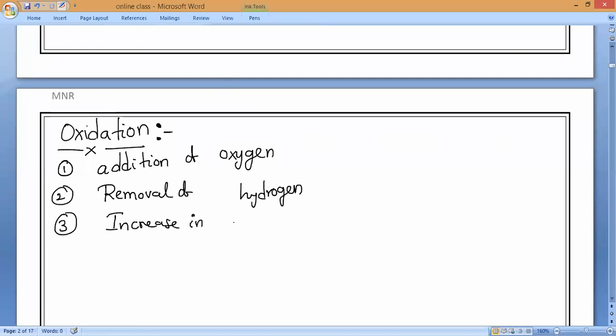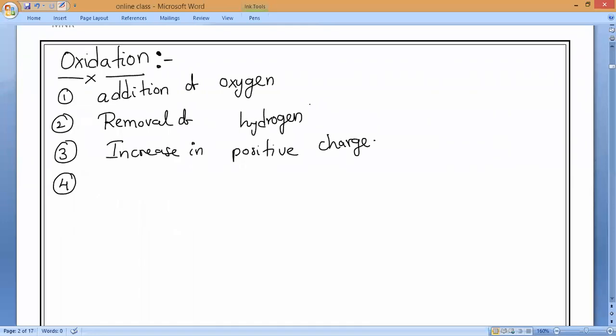Increase in positive charge means donating electrons. Increase in positive charge we can also call oxidation only. Then the negative charge will decrease.